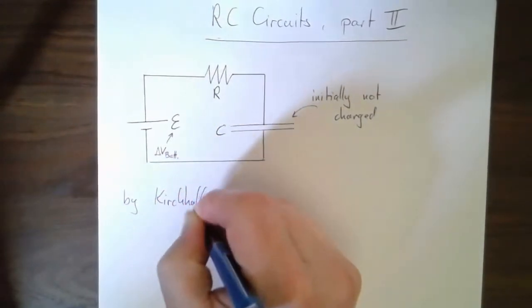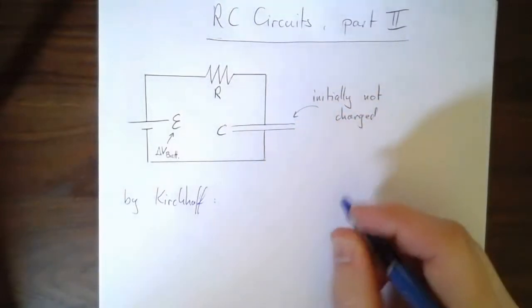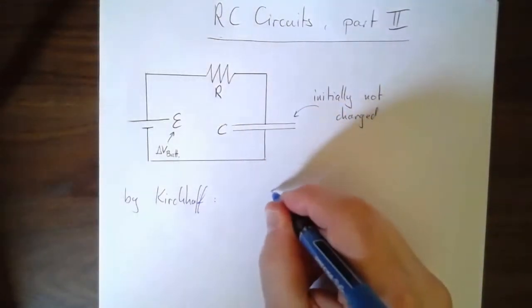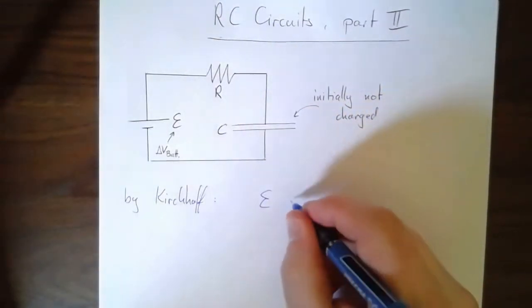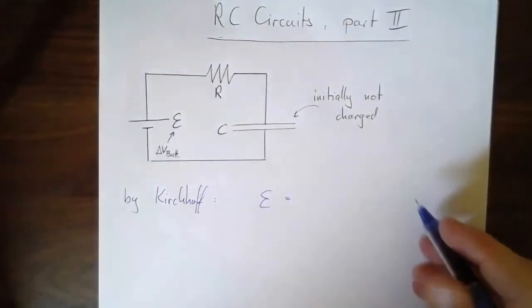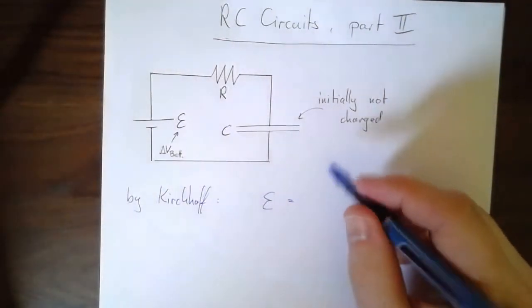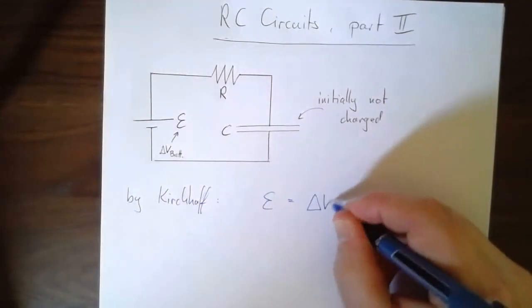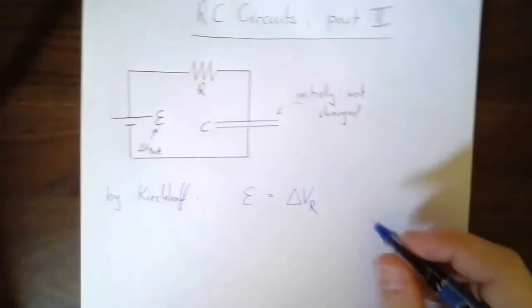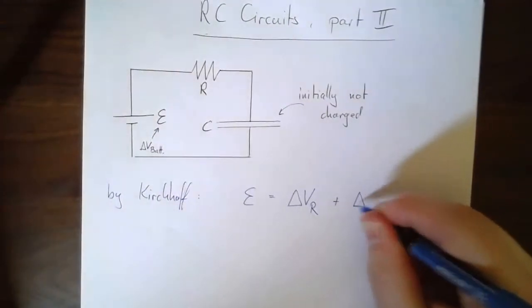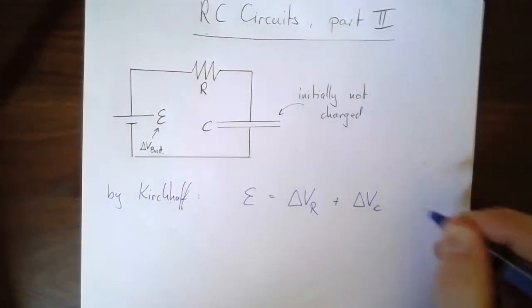Obviously the loop law, because there are no junctions here. We have that E, curly E, the potential provided by the battery is equal to the potential across the resistor plus the potential across the capacitor.